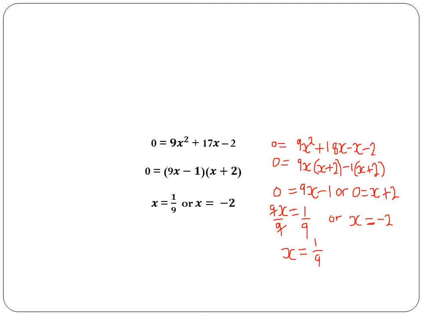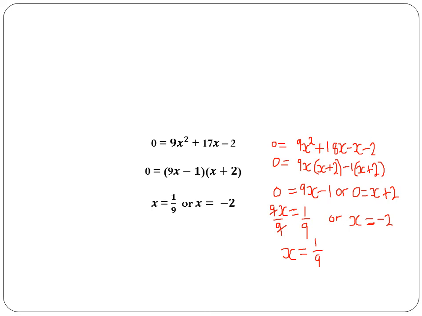So now let's see. We are going to have 9x to the power 2 plus 18x minus 1x. We don't say 1x, so you can just write x, minus 2. Watch here. 18x minus x will give us 17x. So now we need to find a common factor. The common factor is 9x.